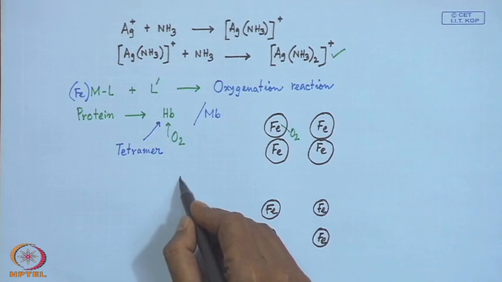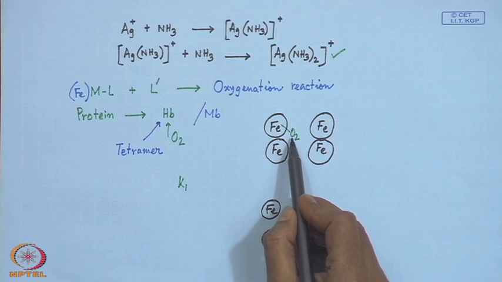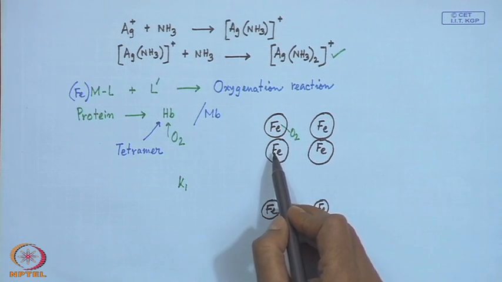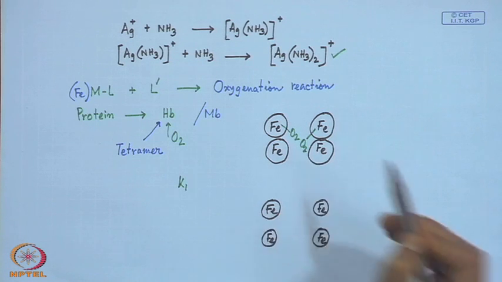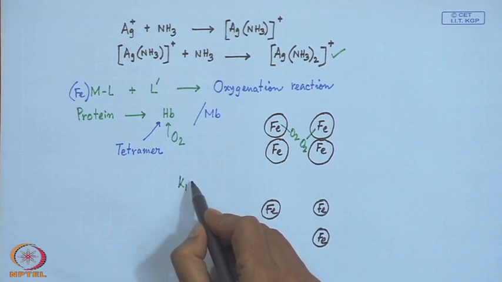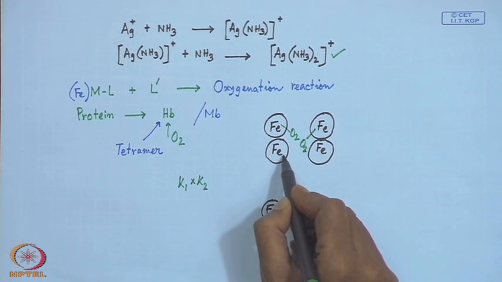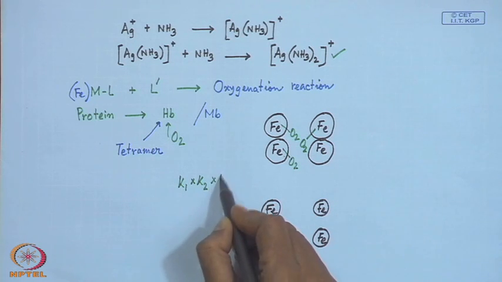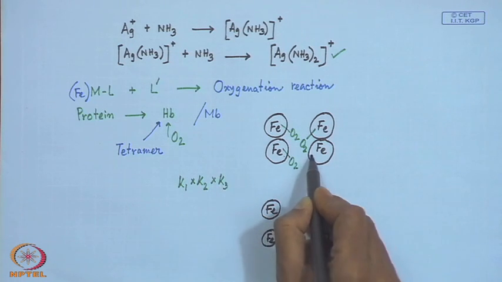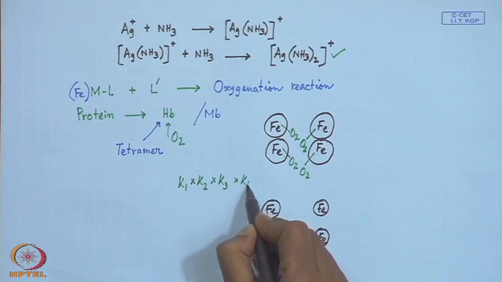So, we have the corresponding K1 value for the binding of the first O2 molecule to the first iron center, then the second O2 molecule to the second center, which will be K2, then the third one is to the third center, which is K3, and the fourth one will be the corresponding K4.